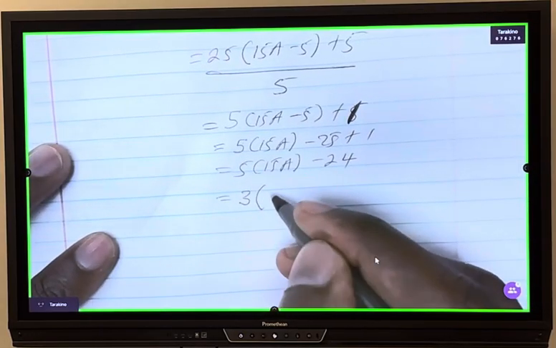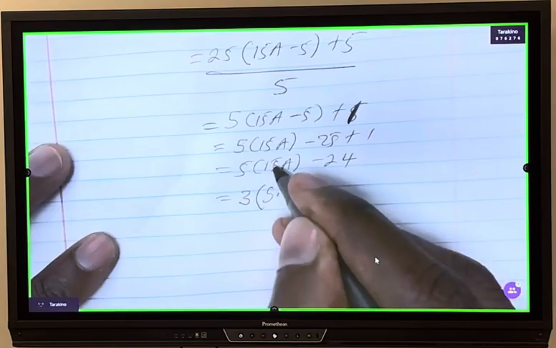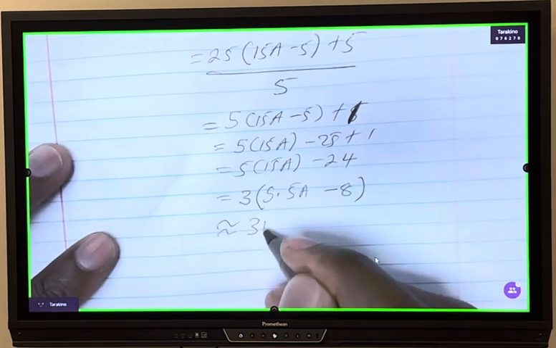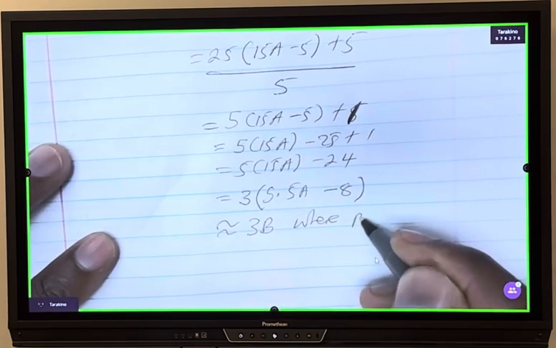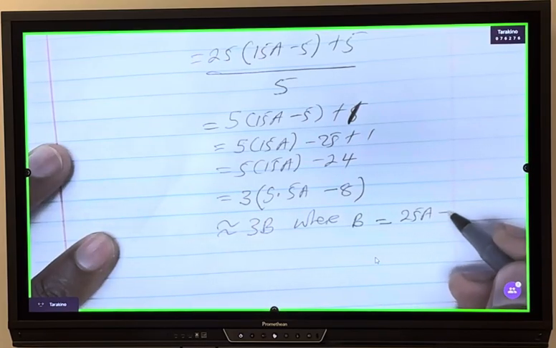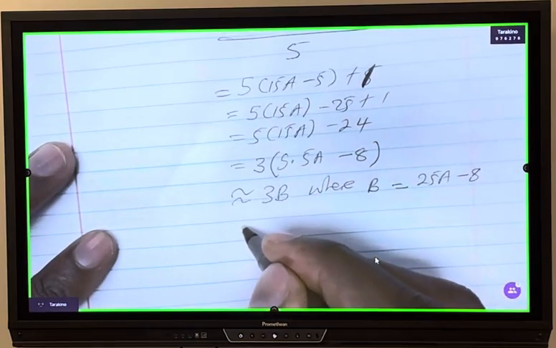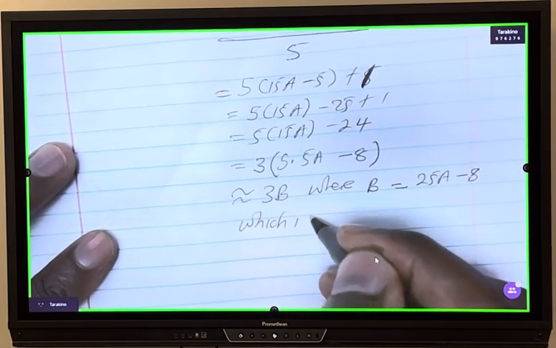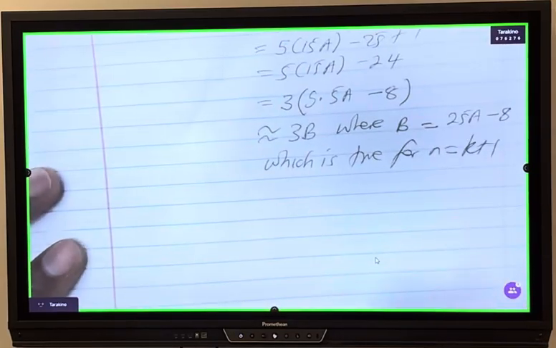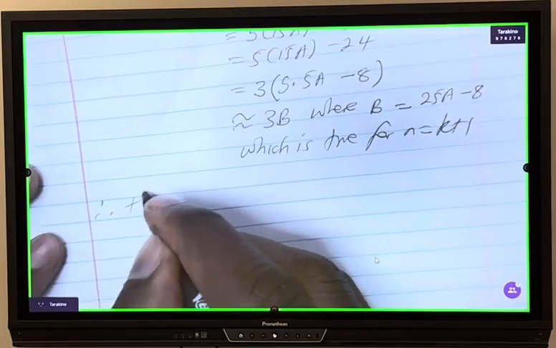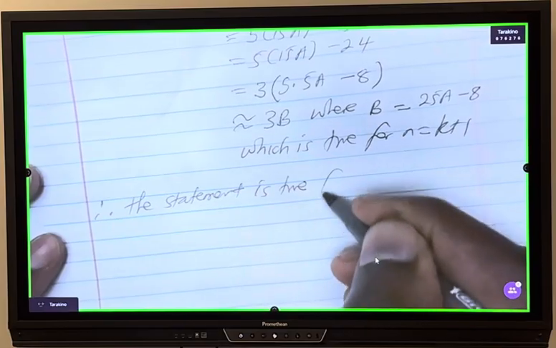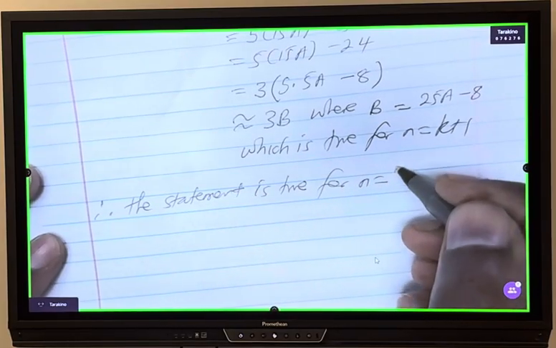And here we remain with 5 times 3, times (5a minus 8), which is equal to 3b, where b is equal to 25a minus 8, which is true for n equal to k plus 1. So we give a conclusion. Therefore, the statement is true for n equal to k plus 1.